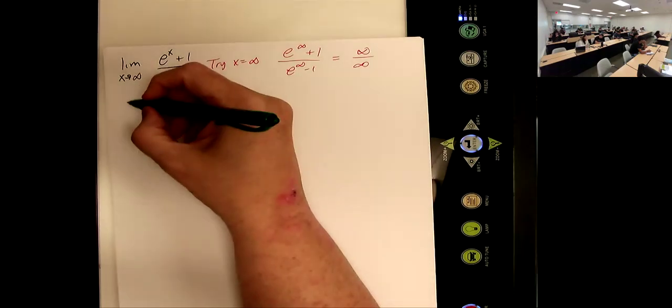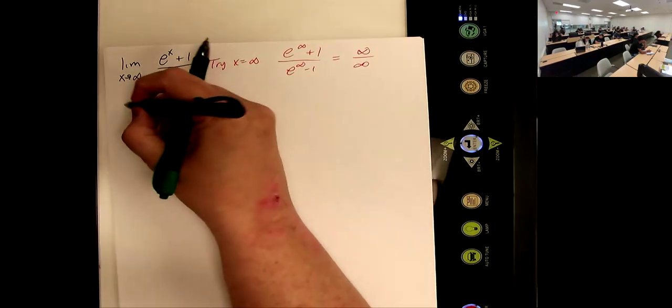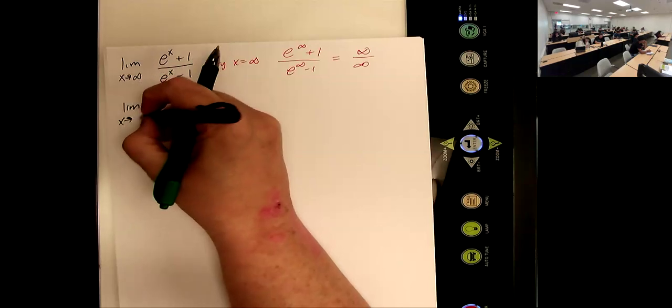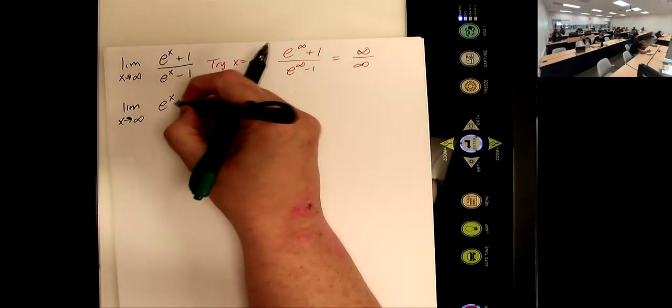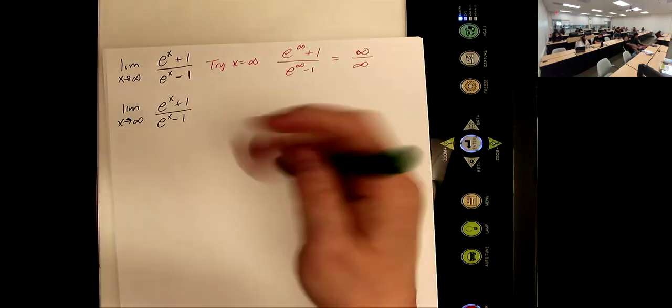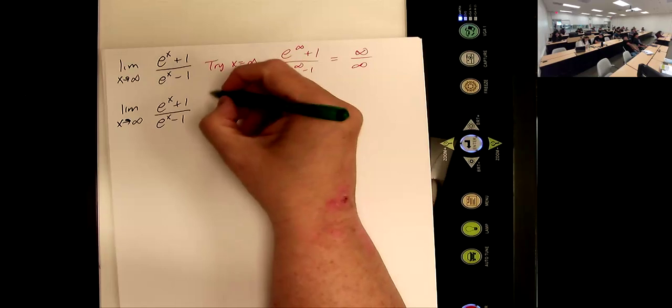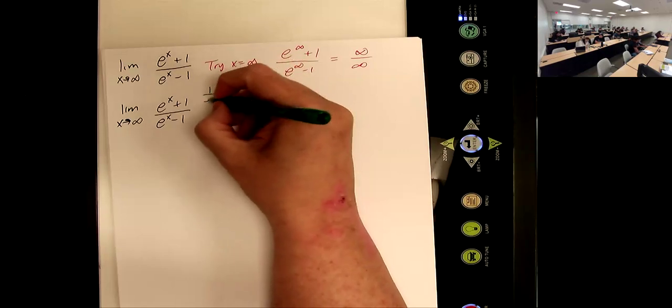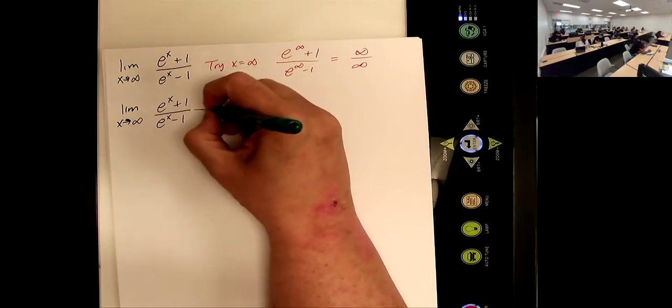So the way we address this is we're gonna multiply by the reciprocal of e to the x. Multiply top and bottom by 1 over e to the x.